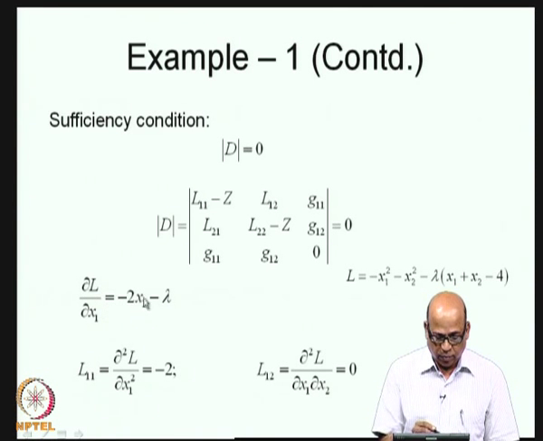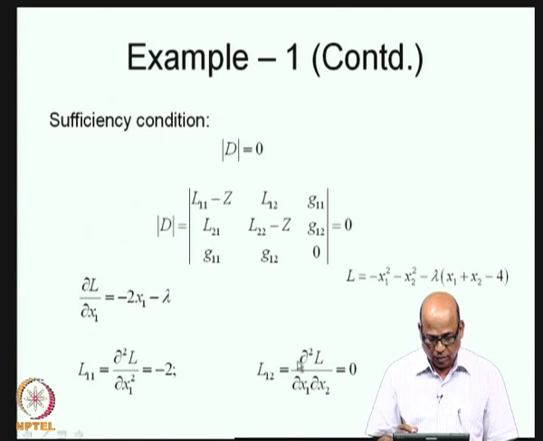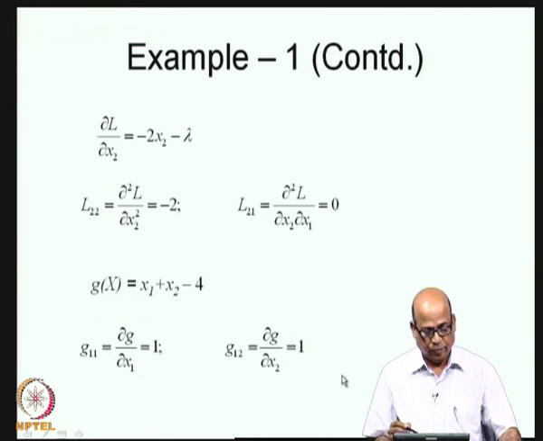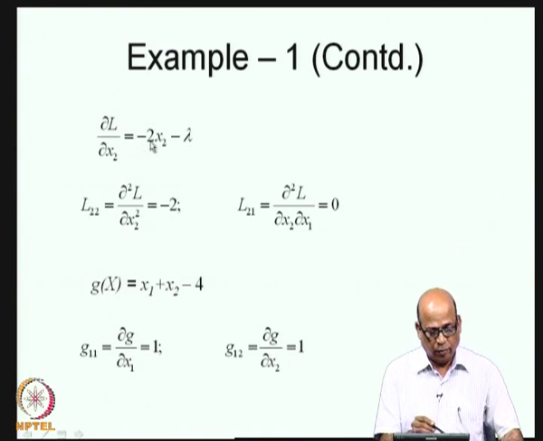So, dL by dx1 is as we have obtained earlier minus 2 x1 minus lambda. Therefore, d square L by dx1 square will be minus 2, and d square L by dx1 dx2, this with respect to x2, that is 0. Similarly, dL by dx2 we know as minus 2 x2 minus lambda.